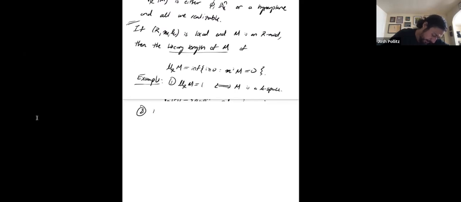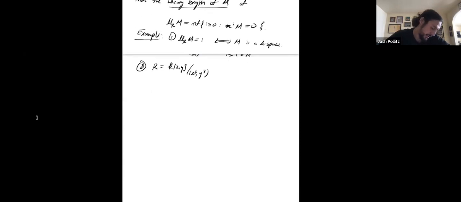Okay, and some quick examples. If you have Loewy length 1, that says the maximal ideal annihilates the module. That's if M is a k-space. Maybe a more concrete example. I look at k[x,y] mod x cubed and y cubed, and I look at the Loewy length of R itself.